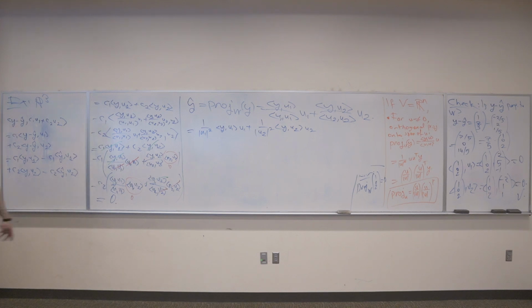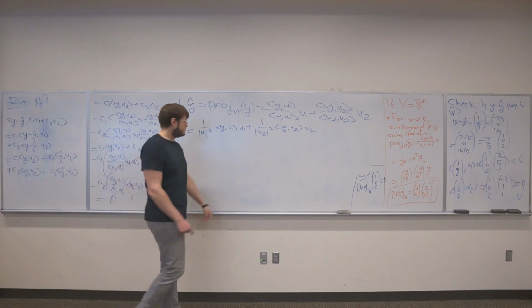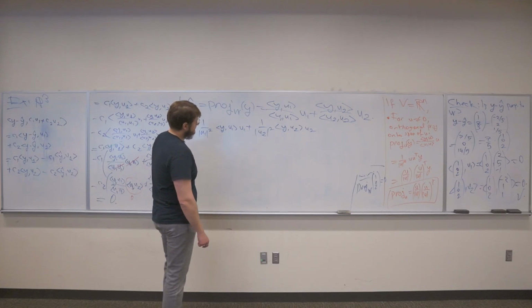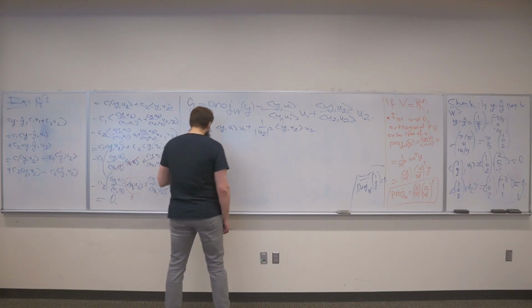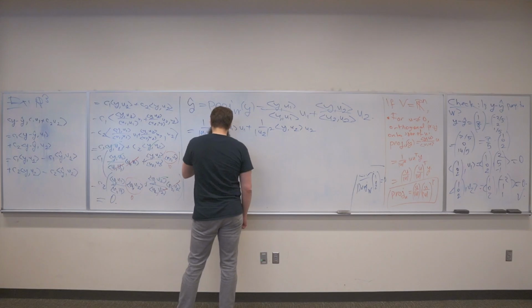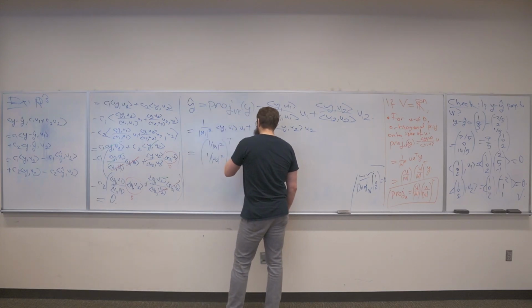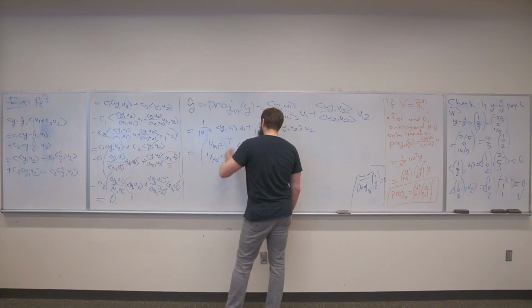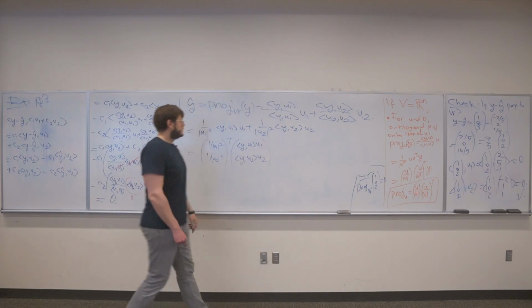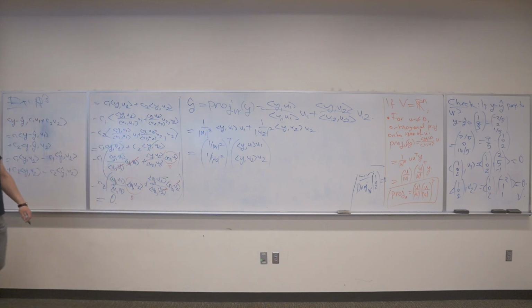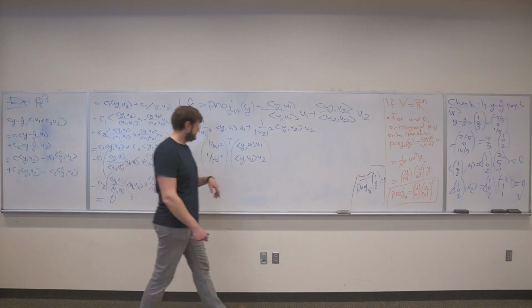One thing you can do, or one thing I can do is I can store them in a row vector. So I can write it like this. Hang on a minute. That's not what I want.